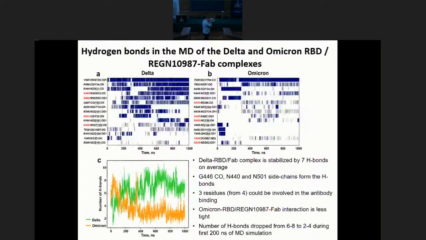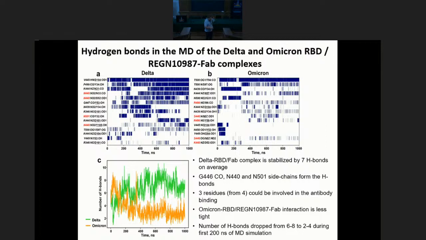To analyze this difference, we used molecular dynamics and calculation of free energy changes by computer calculations. If we run molecular dynamics calculations for complexes of Omicron and Delta variants with antibodies, we observe that the complex with Delta variants is stabilized on average by 7 hydrogen bonds, but the complex with Omicron variants is stabilized on average by 3 hydrogen bonds.